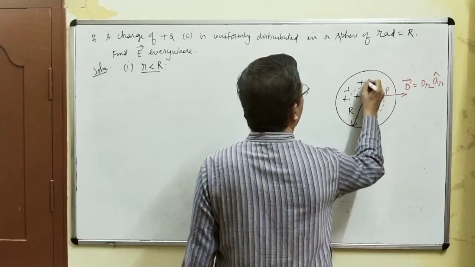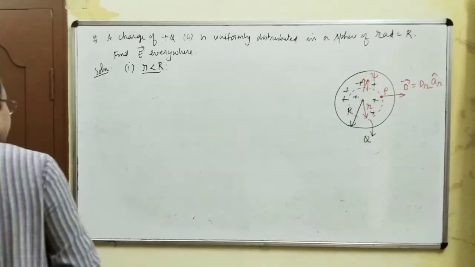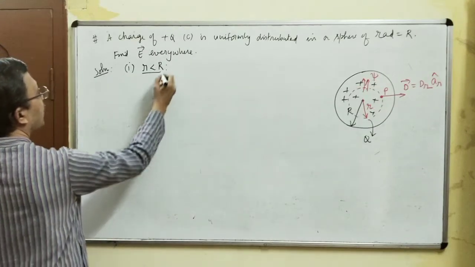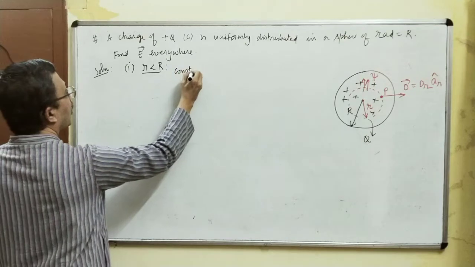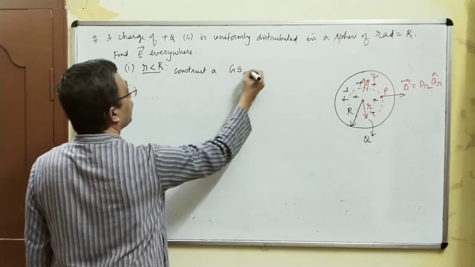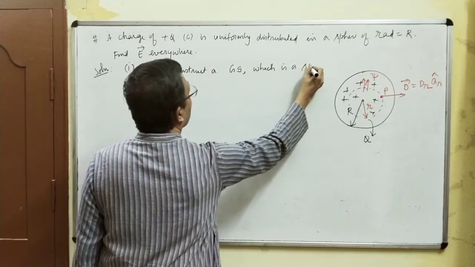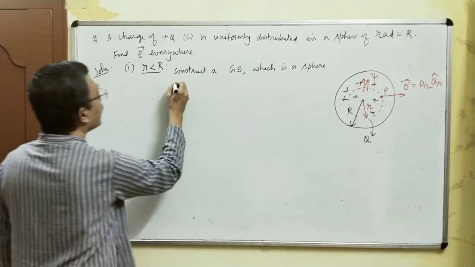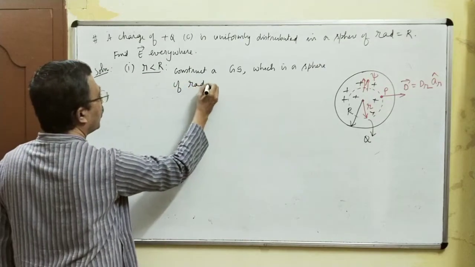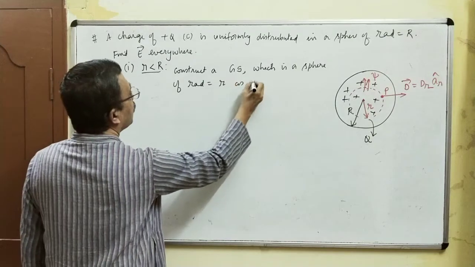These are the flux lines coming out of the Gaussian surface. Construct a Gaussian surface which is a sphere of radius equal to r, as shown in the figure.